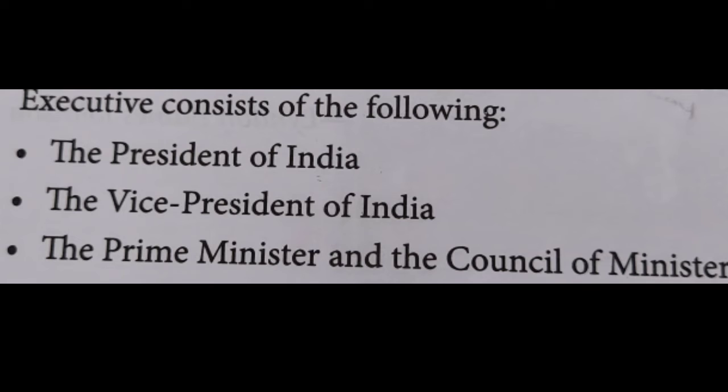The Union Executive consists of the President of India, Vice President of India, the Prime Minister, and all the Council of Ministers. And the State Executive consists of a Governor, a Chief Minister, and State Council of Ministers. So these are the composition of Union Executive and State Executive.